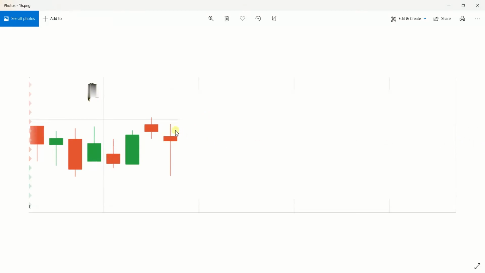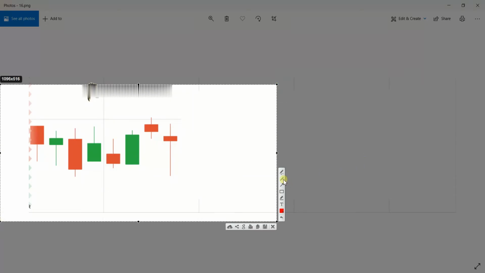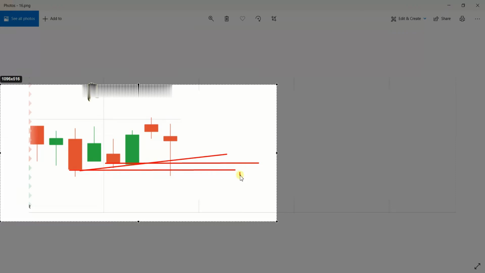Okay, here you can see again the market made a bearish candle. So this is our support level, and this is also. You can see these are the buyers area, and there is still a big gap. We don't know.